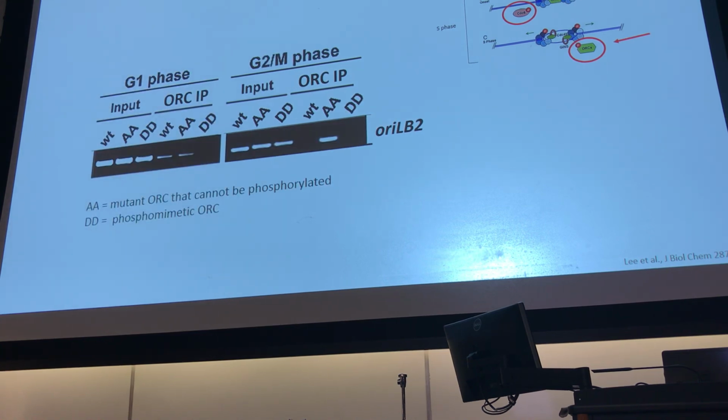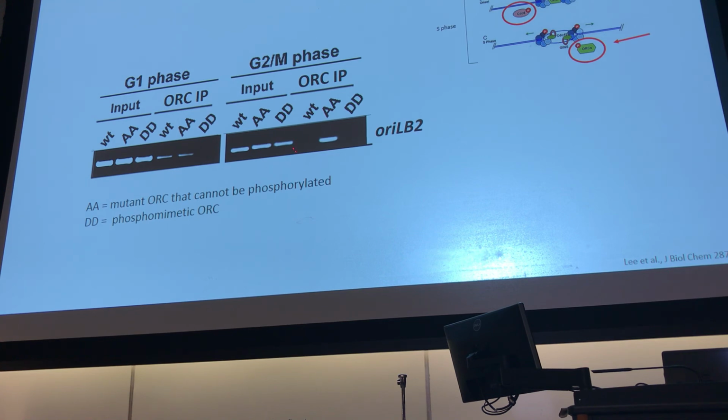And then here, this is going into G2/M phase. This is not shown on this slide, but this is after the DNA is replicated. What they're showing is that once you hit G2/M phase, you can't have this guy bound to the DNA anymore, because remember, you can only do one replication cycle during a cell cycle.